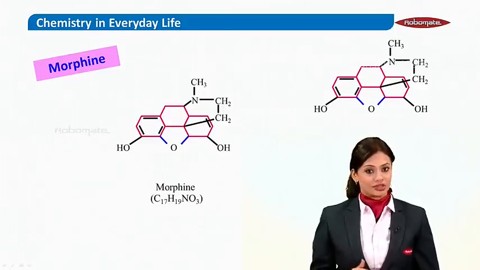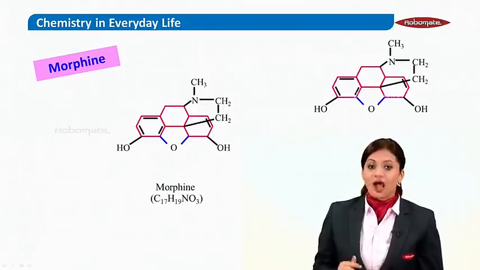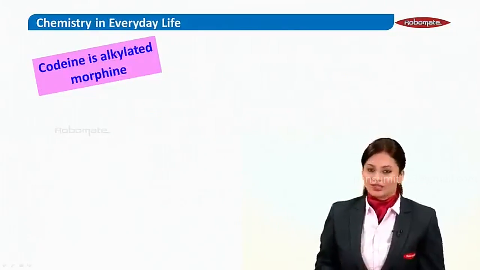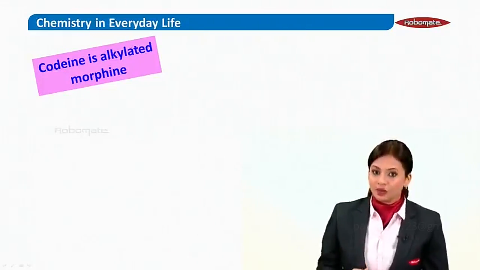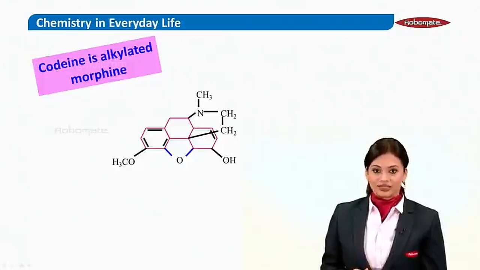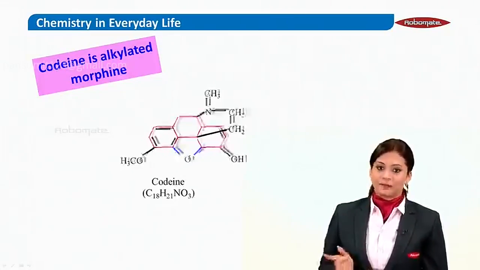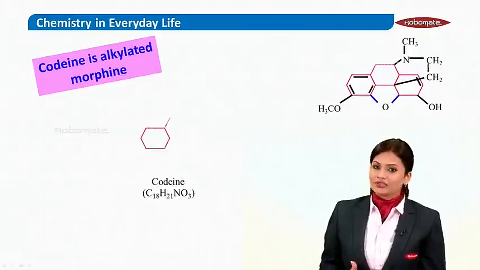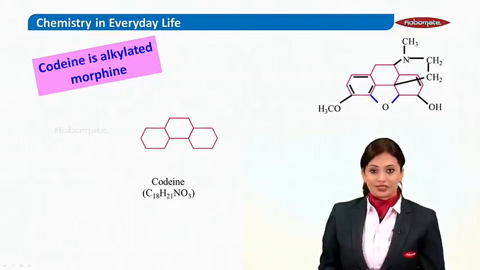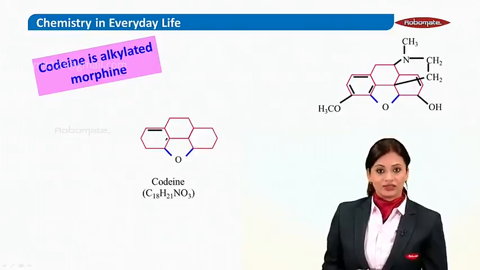Now the next two structures, codeine and heroin, are derivatives of morphine. Codeine is nothing but alkylated morphine. Let us start drawing it together. The basic structure of morphine will stay the same: these 3 rings and the oxygen here.